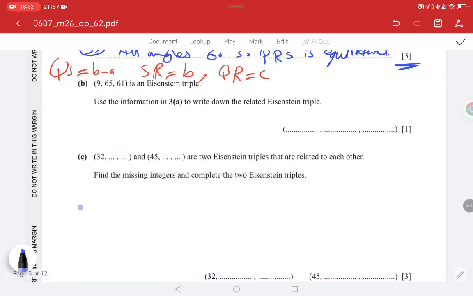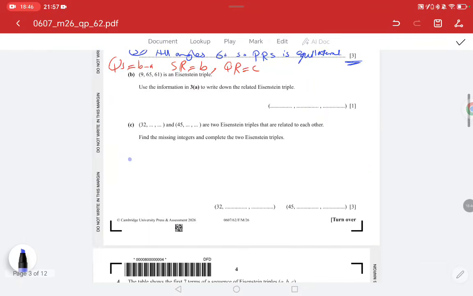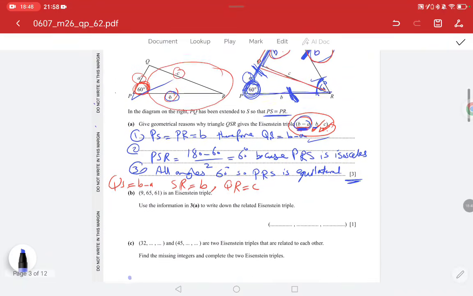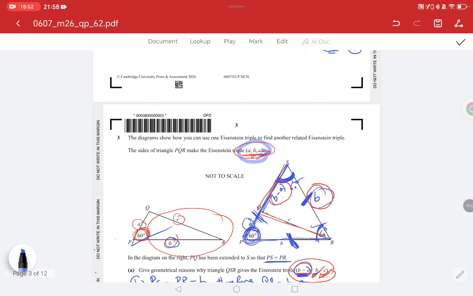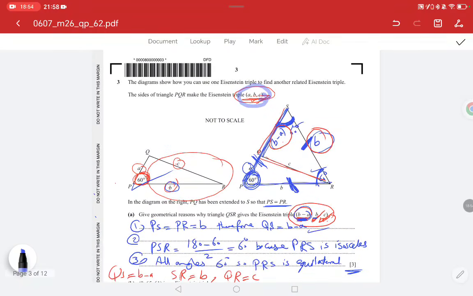Use the information in 3a to write down the related Einstein's triple. Okay, so here 9 65 61. Do you know what we did there? There they said that one is A, B, C, and the other one is B minus A, B, C.